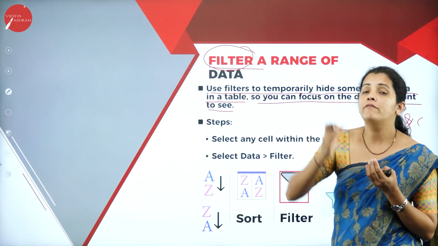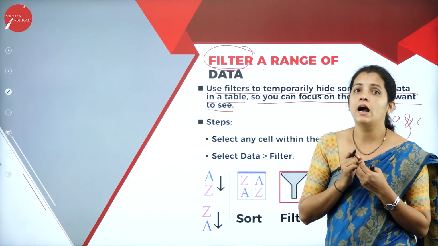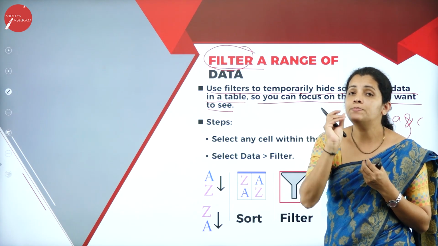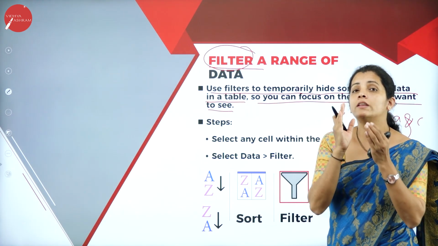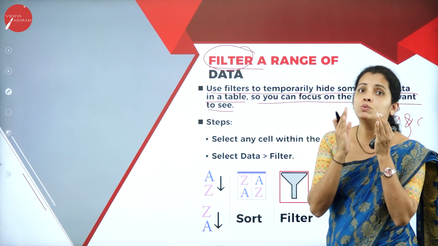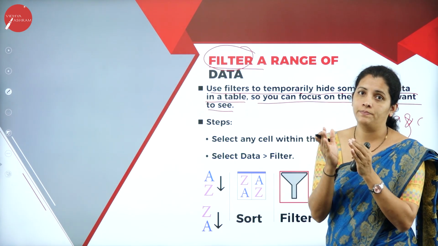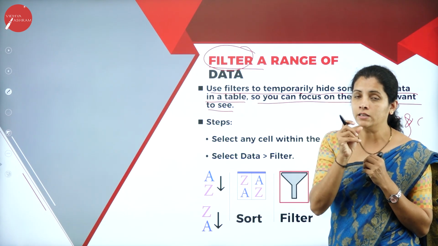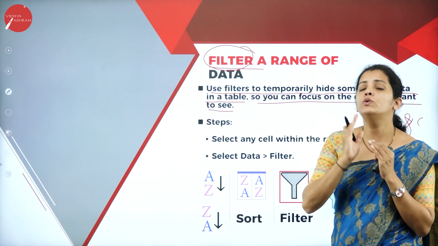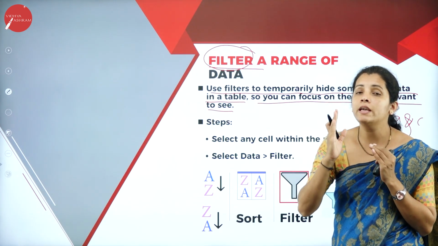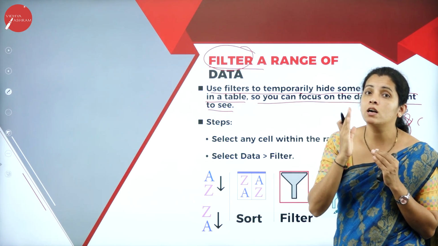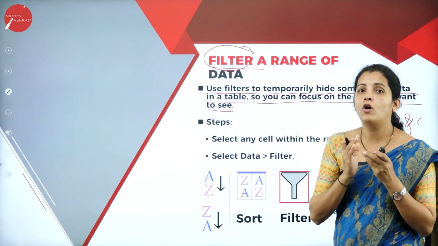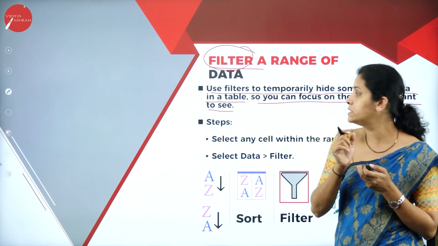Think that you have a long list of names and you want to display only the particular names which start with the same letter. That time you can apply filter. That means you can hide the rest of the names which you do not want to display or see.